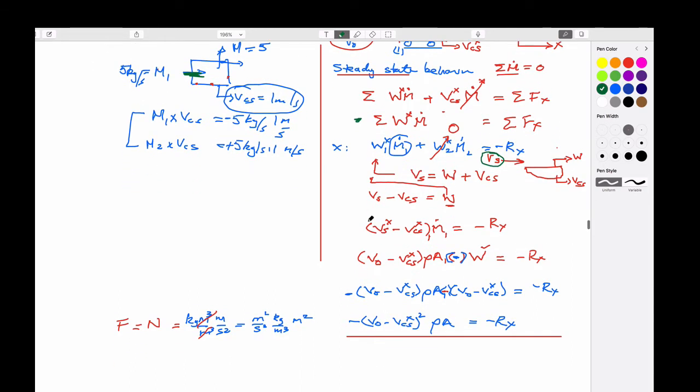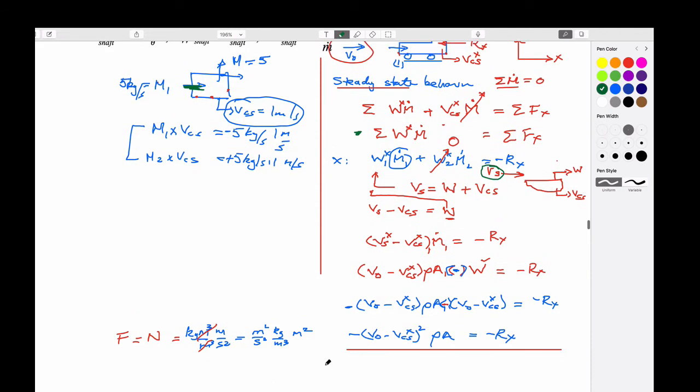So the two end-member conditions we could imagine, for instance, if the velocity of the control surface is equal to 0, then Rx is equal to rho, I'm just taking the equation right above here, rho A V0 squared.